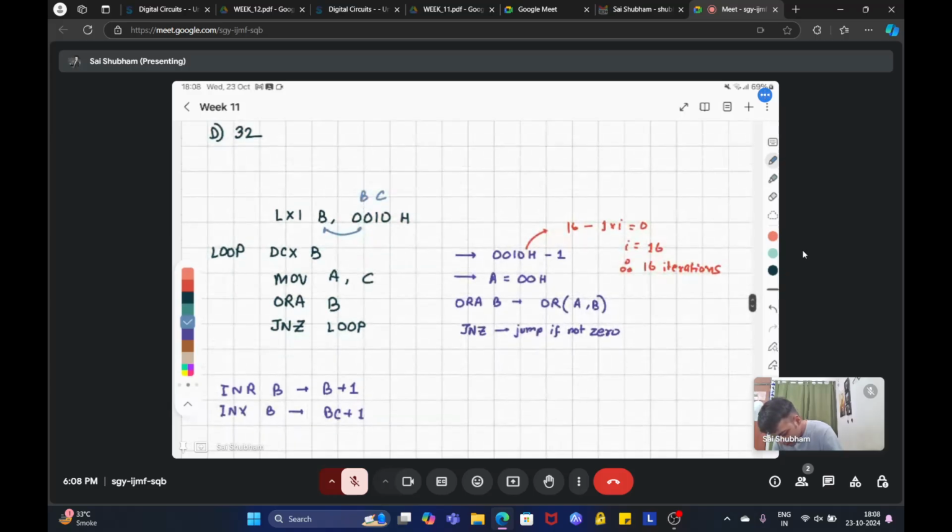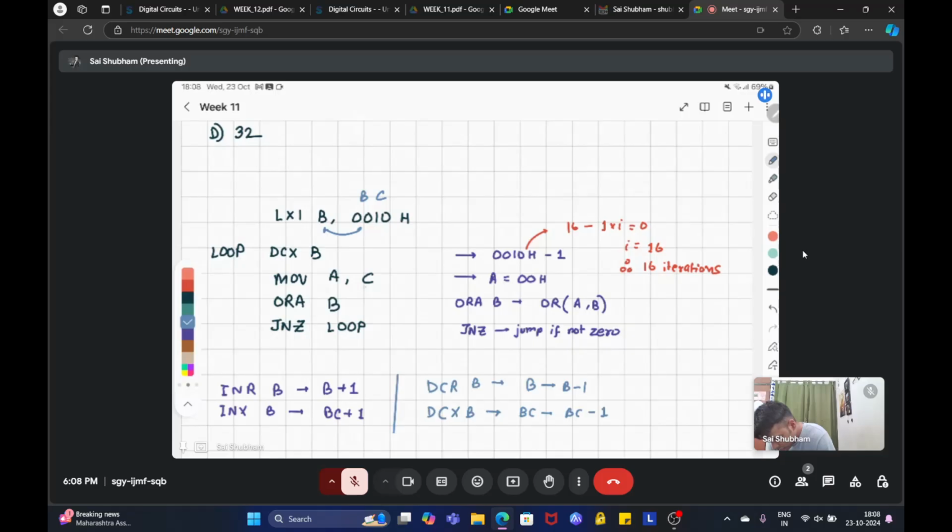So what we have is that we are decrementing B. Okay. So here there is a difference. You can see that DCR B means that whatever content is present in B, we are subtracting by 1. Whereas DCX B means that whatever content is present in the BC register pair as a whole has to be subtracted by 1. Okay. So here we have 0010H, that is in decimal 16.